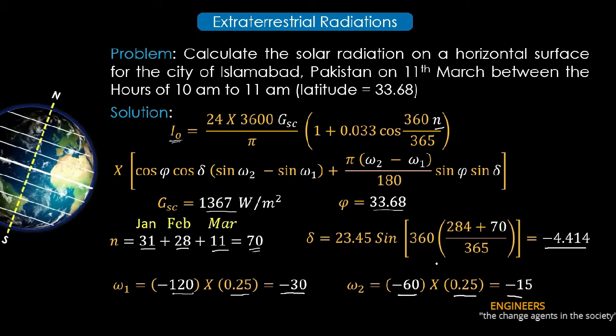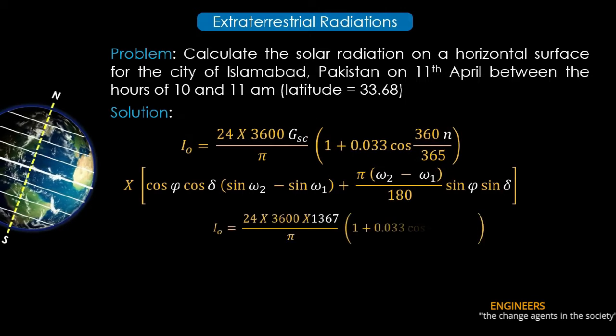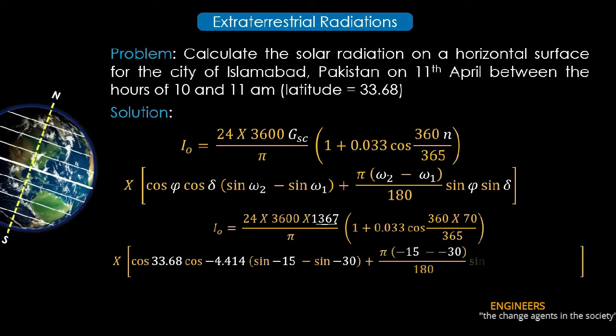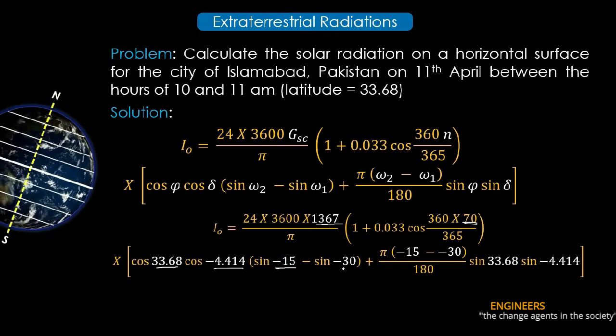So using these values in the expression: the solar constant 1367 watt per meter square, N 70, phi 33.68, declination minus 4.414, omega 2 minus 15, and omega 1 minus 30.